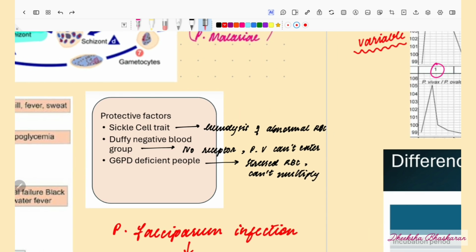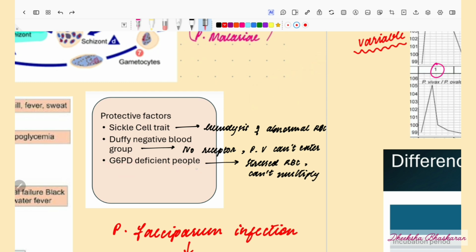So the parasite essentially cannot survive in an abnormal RBC. Okay, and then Duffy negative blood group. In Plasmodium vivax it is significant, where Plasmodium vivax needs the Duffy receptor on the RBC to enter the cell. If this receptor is not present, that means the parasite cannot enter the cell.